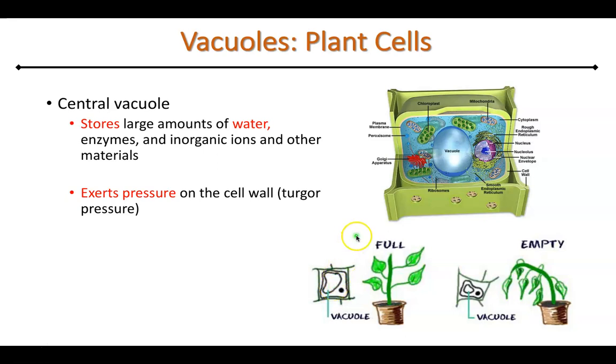Once it gets really big, it puts pressure on the cell membrane and makes the plant sit up straight. We call that turgor pressure. Now, if you forget to water your plant, the central vacuole is going to lose that water, and your plant will start to slump over. That's the purpose of a central vacuole, because plants need water so much, it's important for them to have a storage place for water.